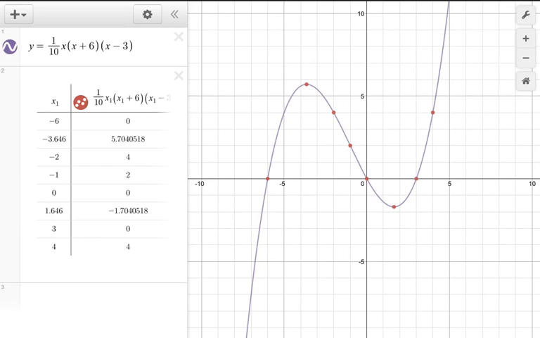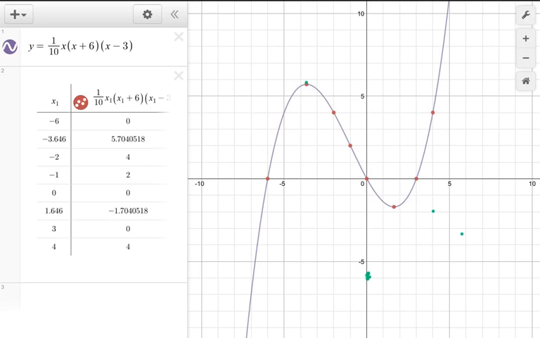So negative 6, 0 becomes 0, negative 6. That maximum up there becomes 5.7, and then negative 3.6. So I'm estimating where I put this one. It's going to go about there. Negative 2, 4 becomes 4, negative 2.